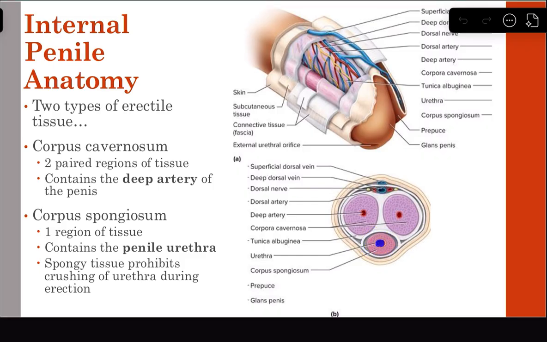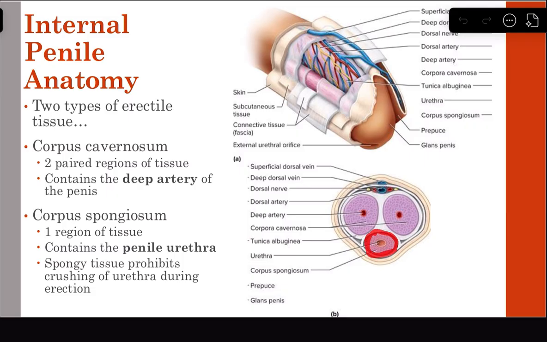Okay, so corpus cavernosum is going to be these 2 paired regions of tissue we can see on the right over here. This is going to contain the deep artery of the penis. This is how blood is able to enter and play its role during erection. And then we have the singular corpus spongiosum, more inferiorly located in the bottom here.